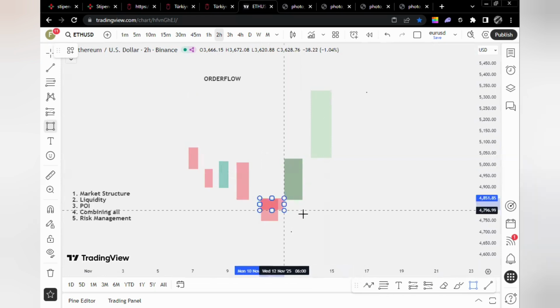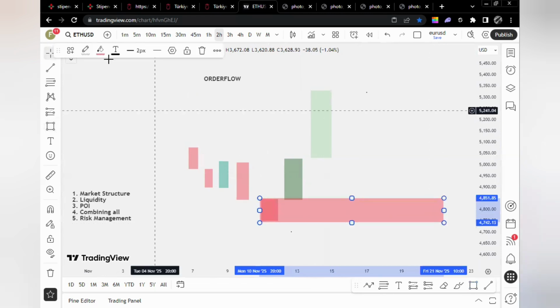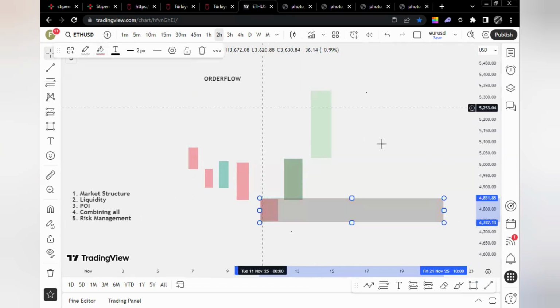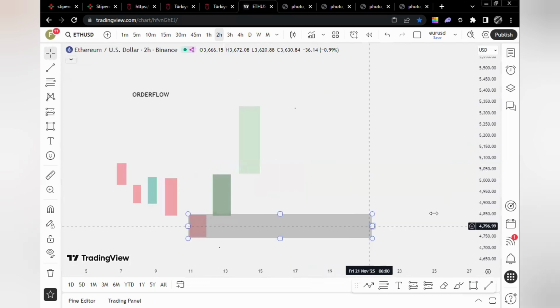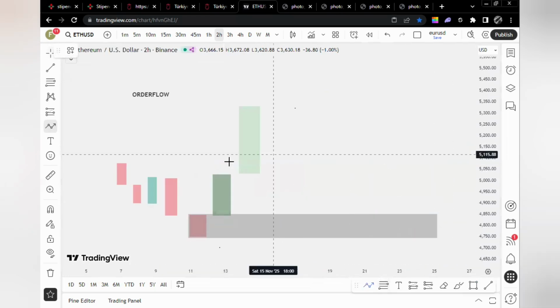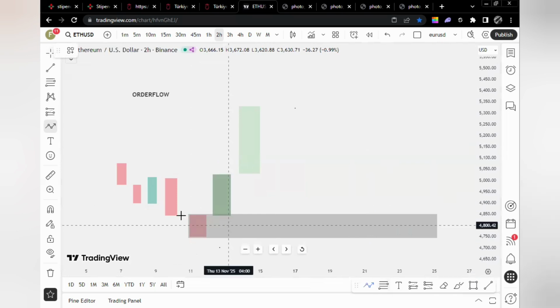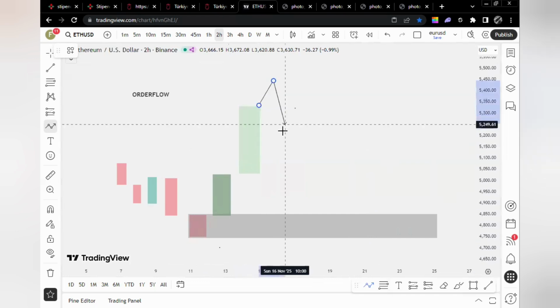Highlighting this candle, drawing a rectangle and extending it out on this candle makes it your POI, a point of interest. And what kind of point of interest is this? It is an order block. So it is expected that price, if this is valid, and I'll be teaching on validity of this in the coming days, will drop down.